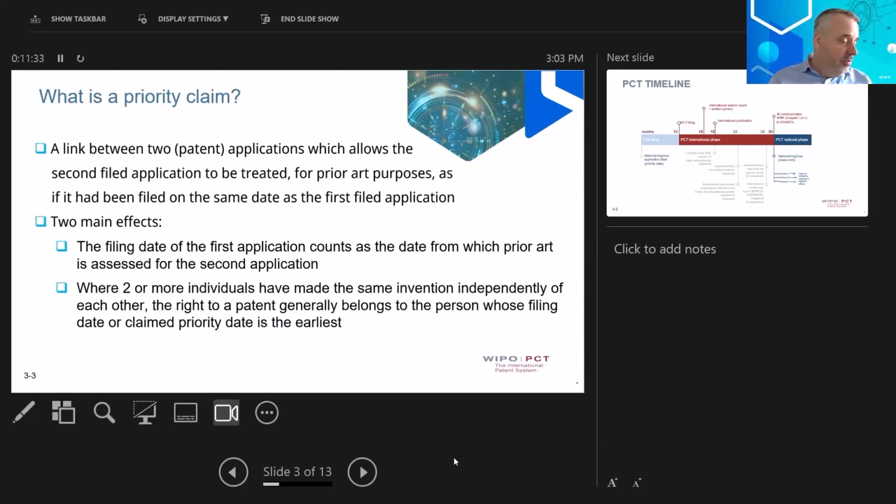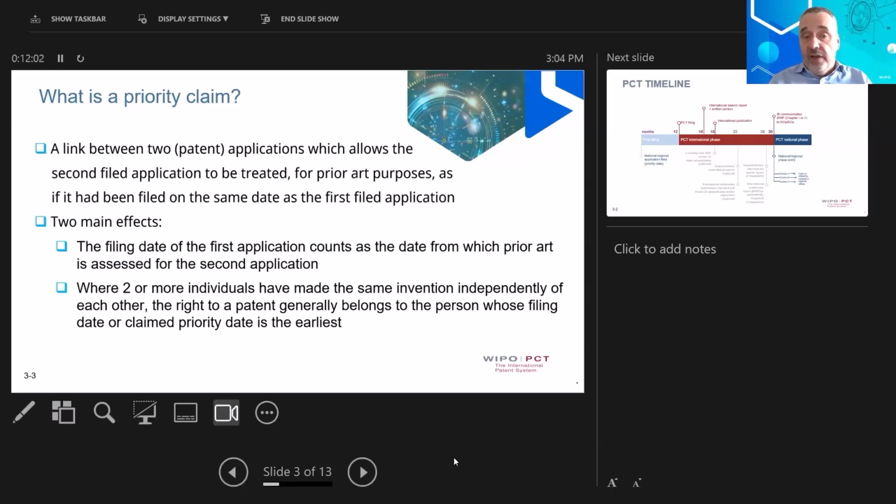And in order to be able to make that determination, they need to look at what's out there in terms of information. Has anyone already disclosed the same invention in a publication, in maybe another patent application, in a technical journal, etc.? This is really what we consider prior art.